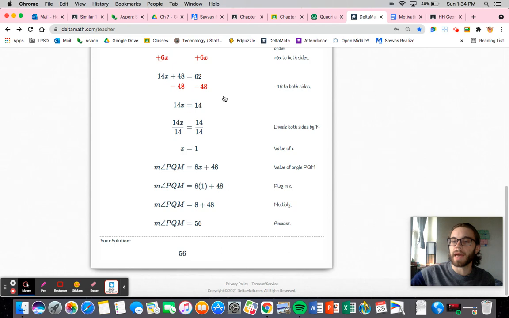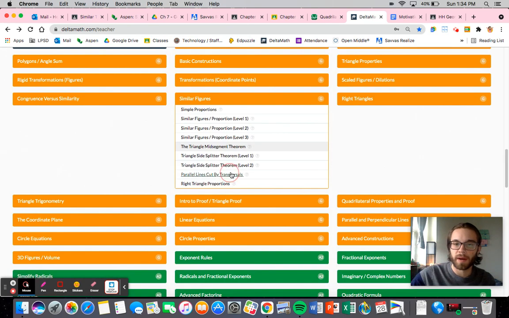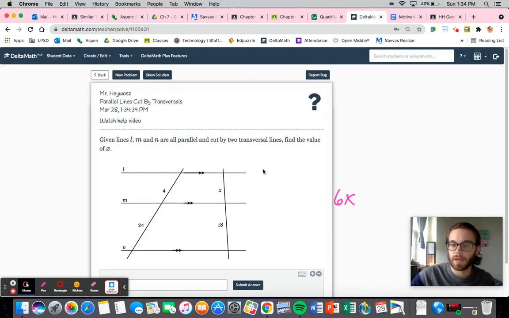All right, last thing that we need to talk about will be parallel lines cut by transversals in terms of proportionality. So when you are given something like this, if you have parallel lines that are cut by two transversals, we ultimately would know that these are going to be cut in the same proportion. And because they're going to be cut in the same proportion, we can set it up as such, okay?